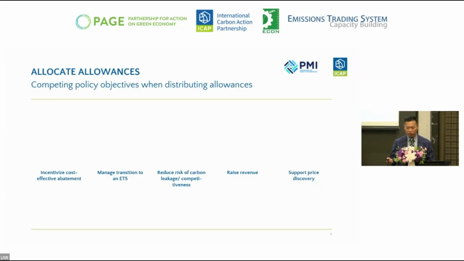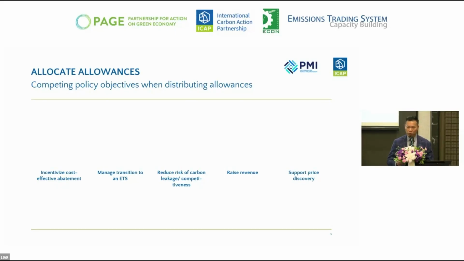The second goal is to manage the transition to an ETS. We have no ETS now, and we will have an ETS. In this transition, we have a lot of challenges, and we want to solve these challenges through some allocation method. The third one is to reduce the risk of carbon leakage. We already talked about CBAM this morning, so we're familiar with that.